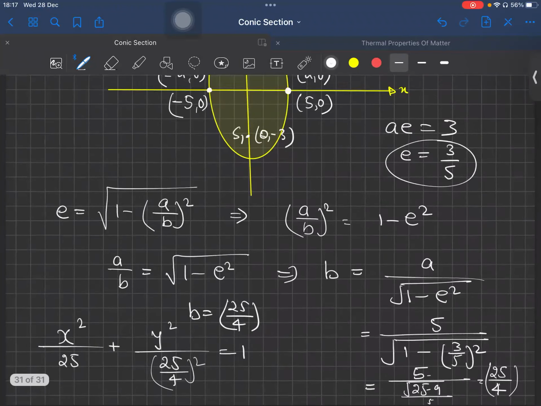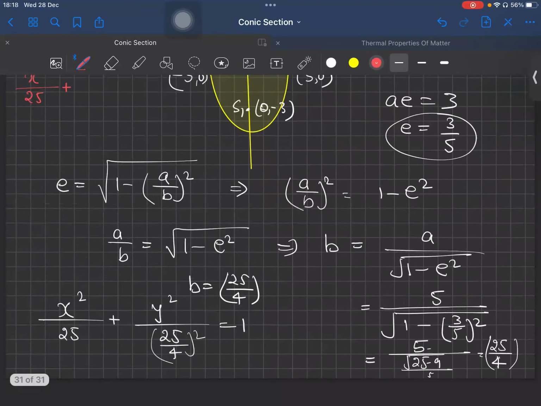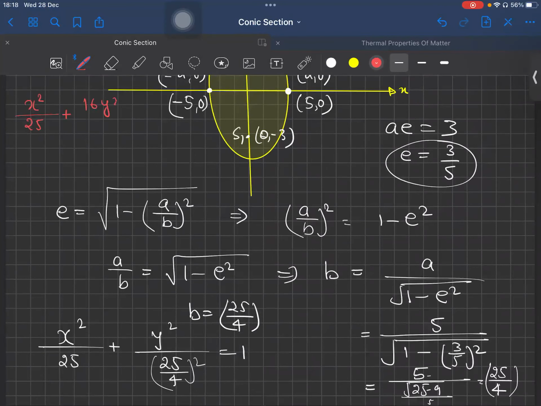That means the equation of ellipse will be x square upon 25 plus 16 y square upon 125 is equal to 1. Or you can also write this as x square upon 25 plus 16 by 5 y square is equal to 25. These are the methods you can write the equation of ellipse.